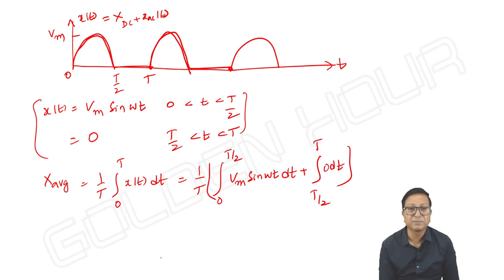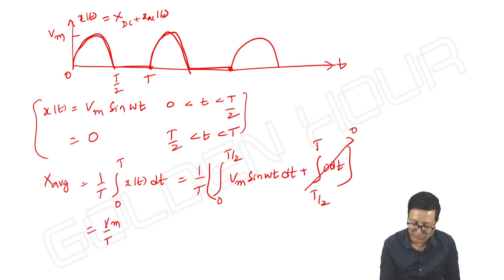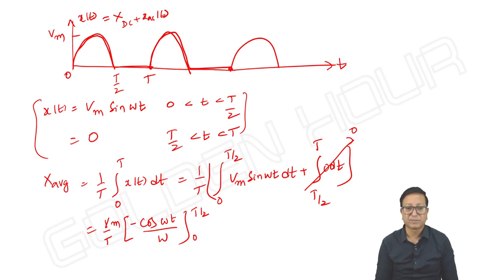That's the definition. Next, I can write Vm by T; anyway, the second term is 0, so Vm is taken outside the integration. The integration of sine omega t is minus cos omega t by omega over the interval 0 to T by 2.